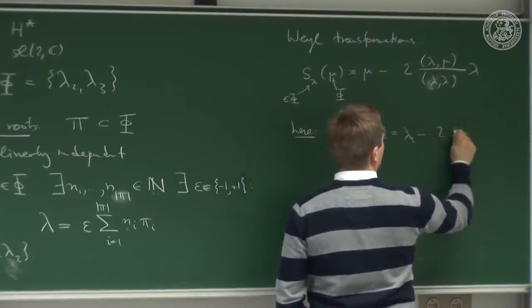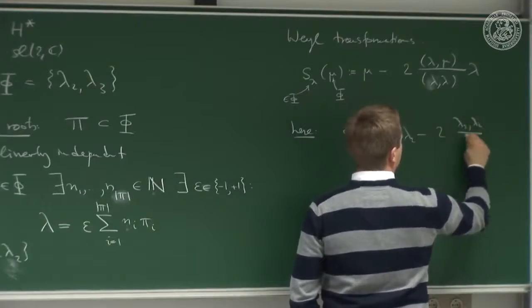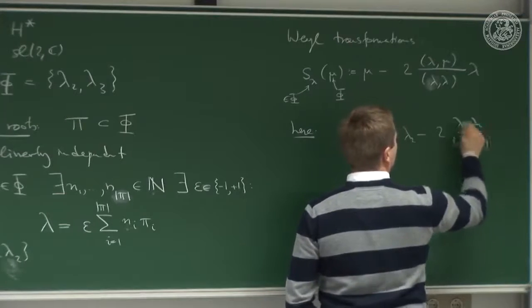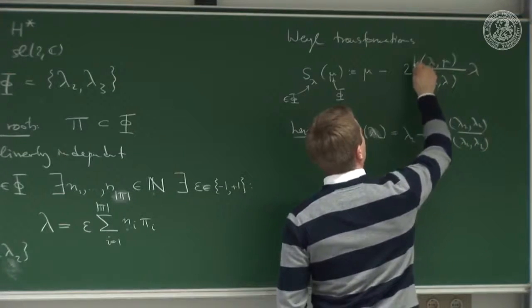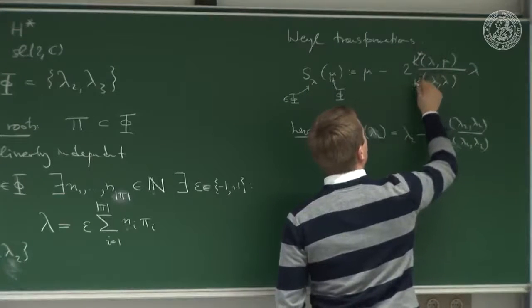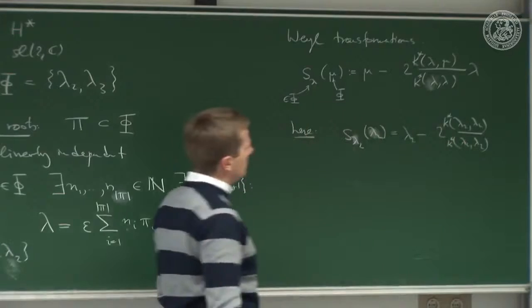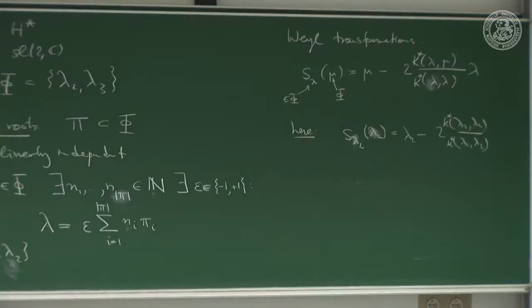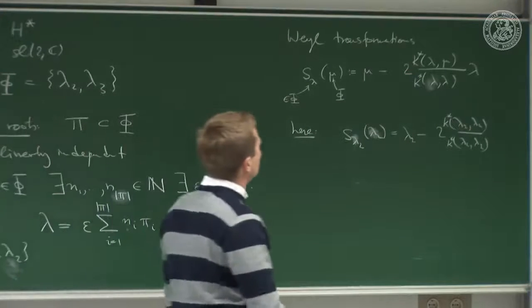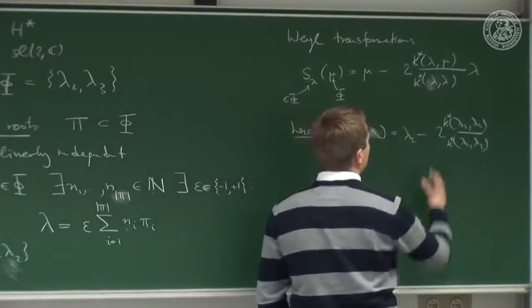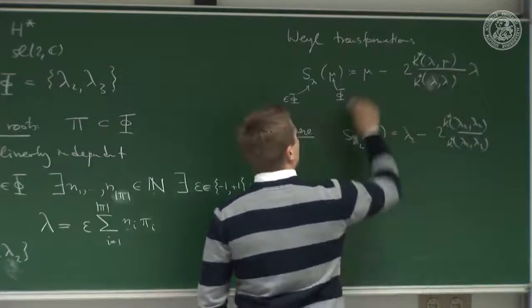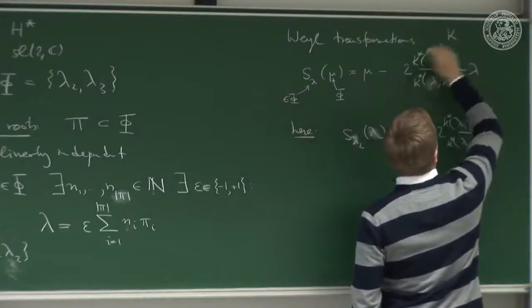This is lambda 2 minus 2 (lambda 2, lambda 2) by (lambda 2, lambda 2). And here, of course, by these brackets I mean the dual of the Killing form, restricted to the realification of the Cartan subalgebra.